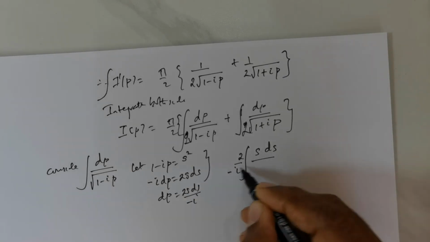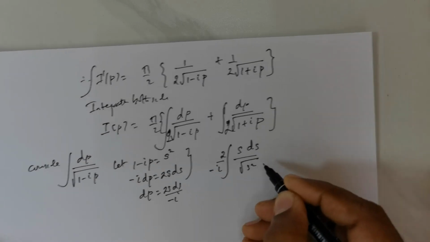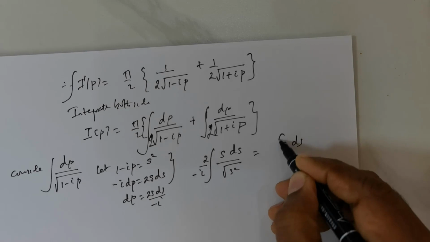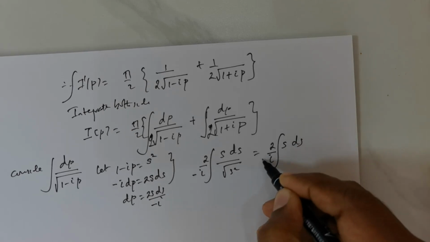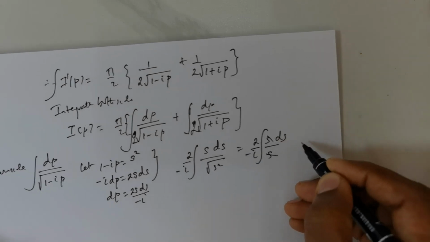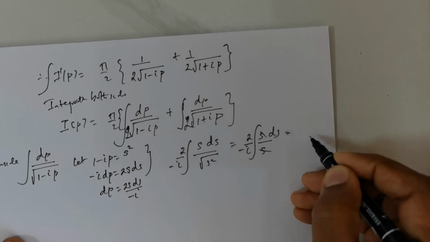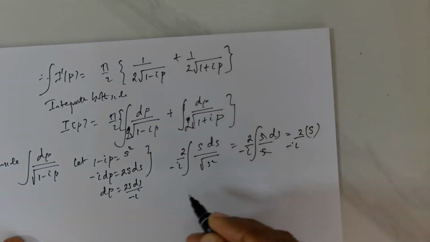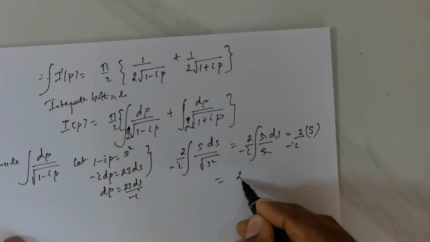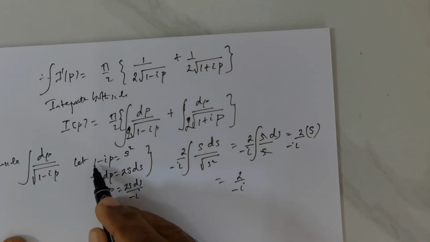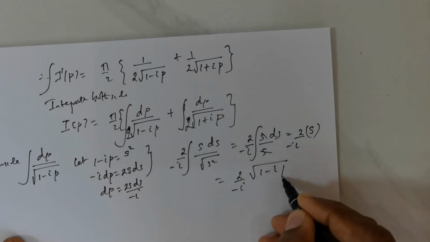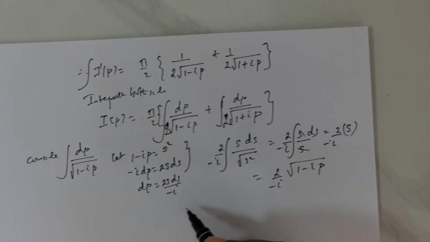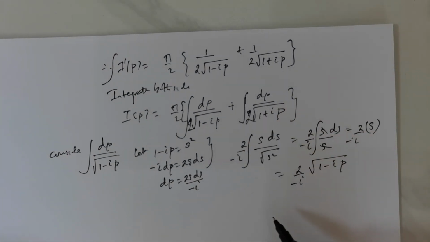That's going to be the integral of 2 times i with a negative sign, and s gets cancelled, giving me the integral of ds, which is s. So it's going to be 2 times negative i with the s. But s is nothing but root of 1 negative i times p. This is what we've got. So for this quantity, there isn't going to be much change.